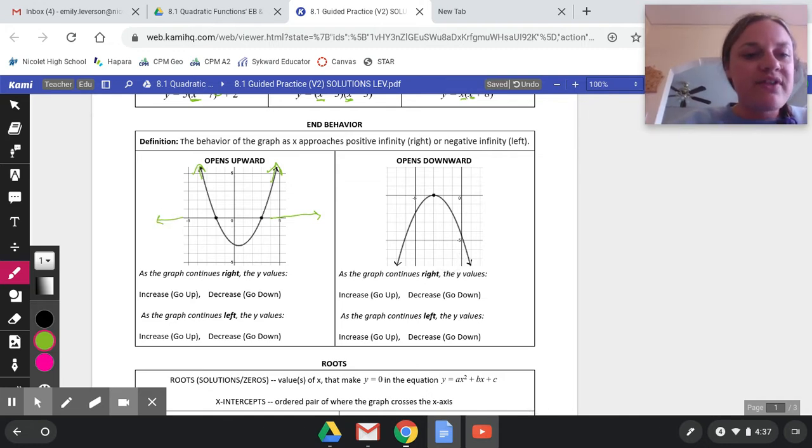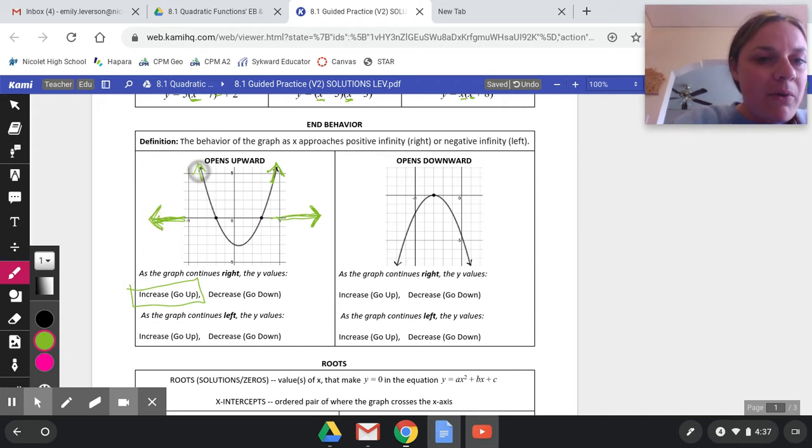So if I look at this, as the graph continues to the right, what is happening to my y values on the actual function? Well, they are going up, they're increasing. If I look at the left side of my graph, as my x values go to the left, what's happening? Well, my y values again are going up. They're increasing.